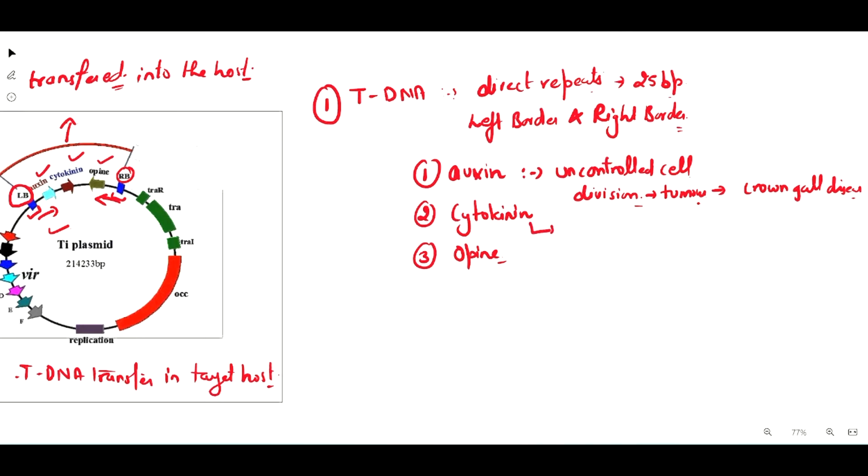Cytokinin also helps in uncontrolled cell division with auxin and participates in tumor formation. Opine provides nutrients for bacterial growth.